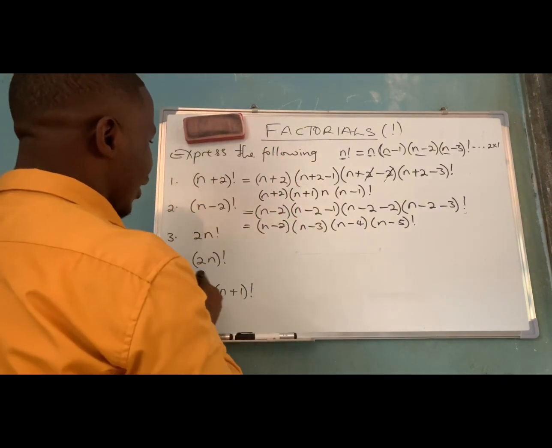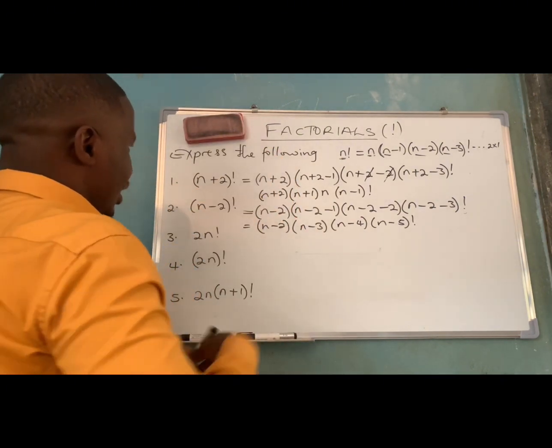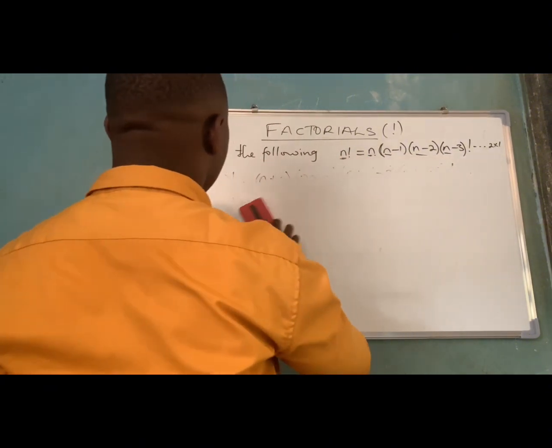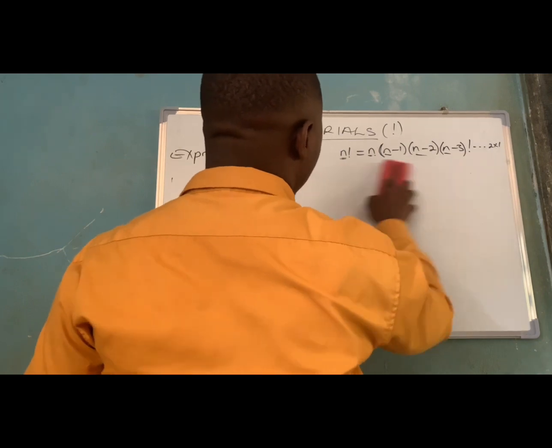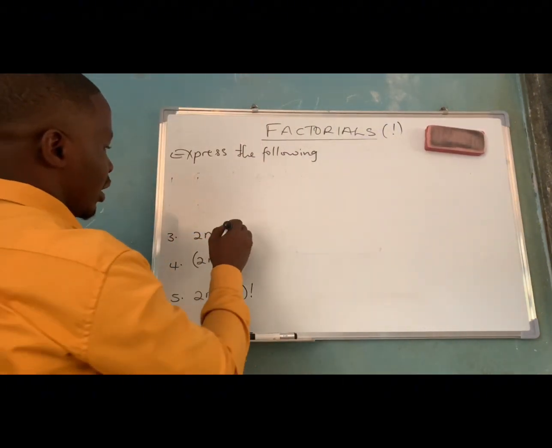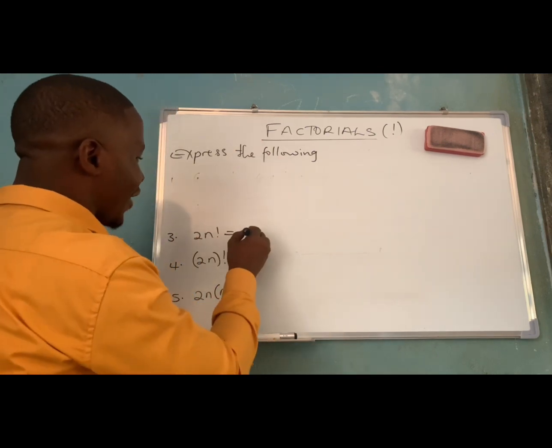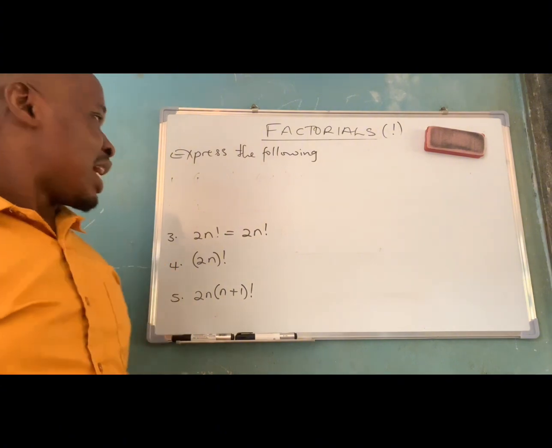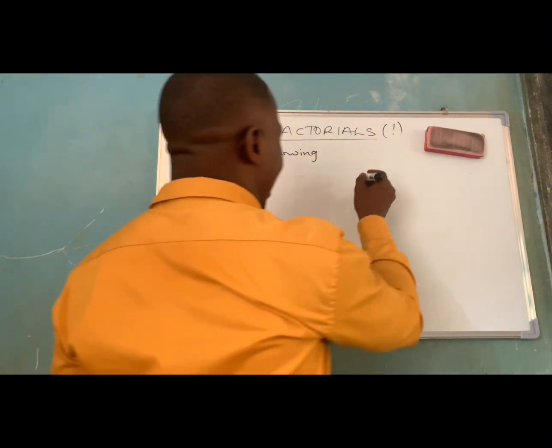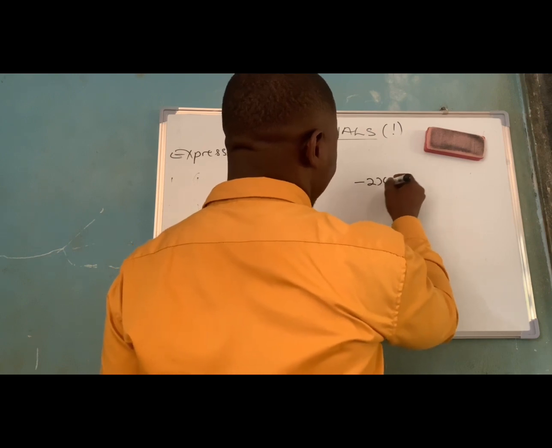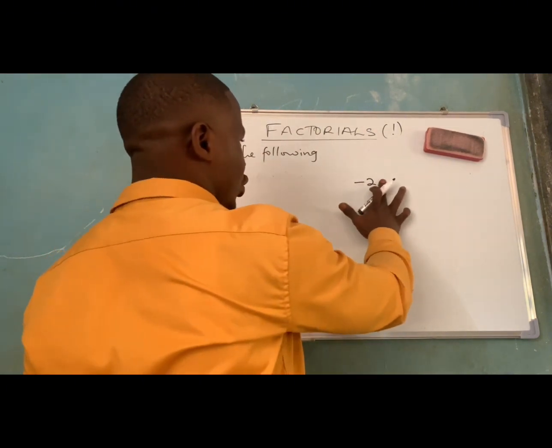Now let me take off these two. We want to write expressions for 2n factorial. But mind you, this is just like when we say minus 2x, or let's just say minus 2.